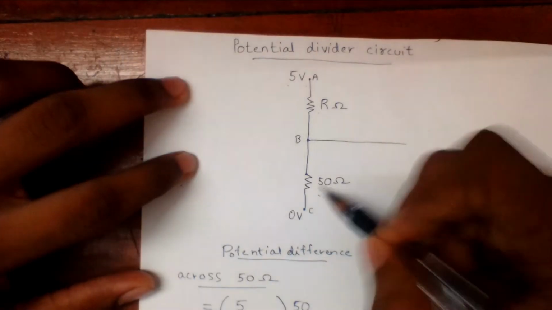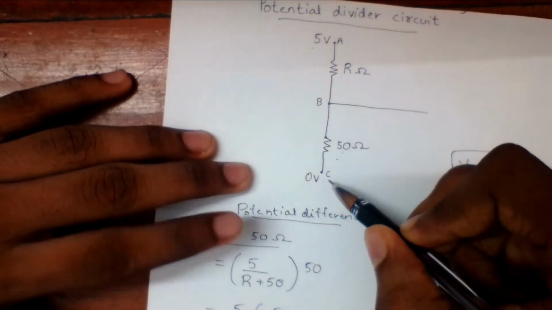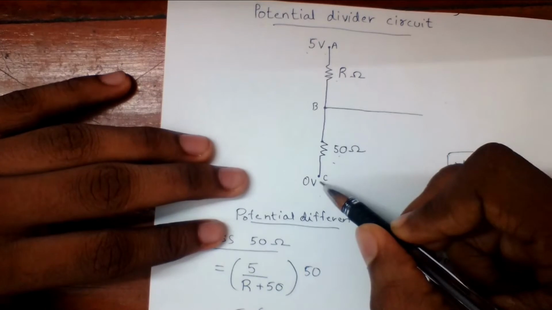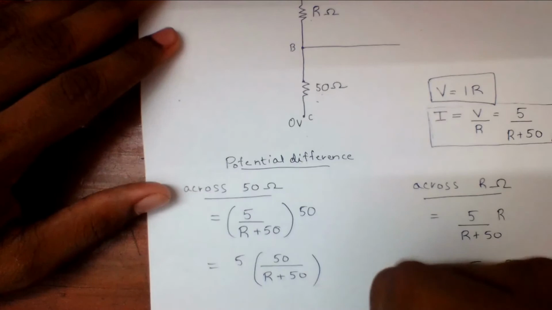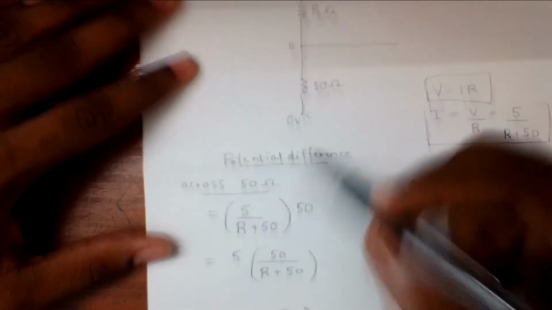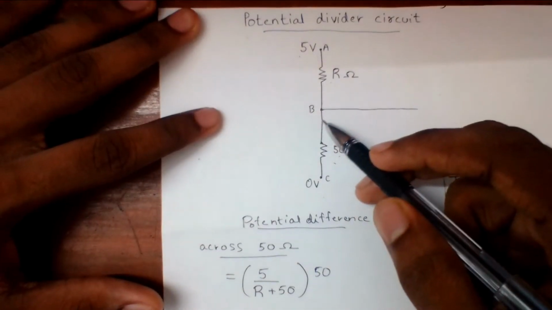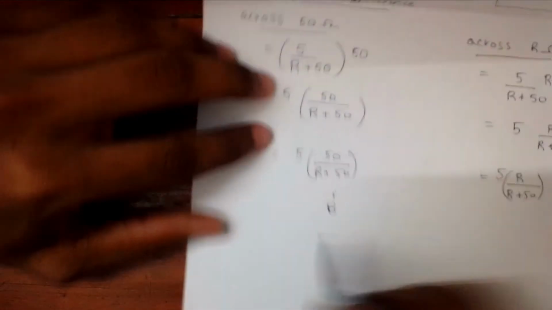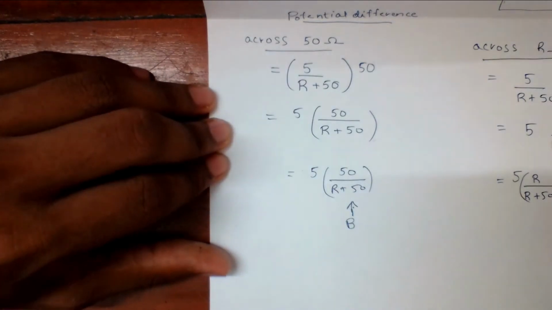Since on one side we have 0, on the other side it is obviously the potential difference we found. So we found the potential at B. Potential at B is 5 into 50 by R plus 50.